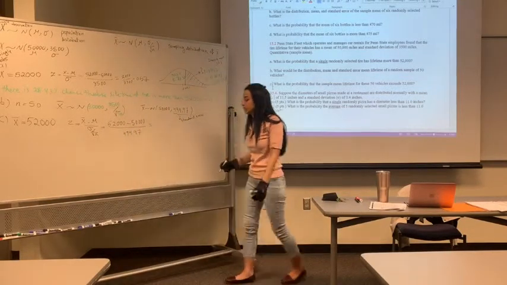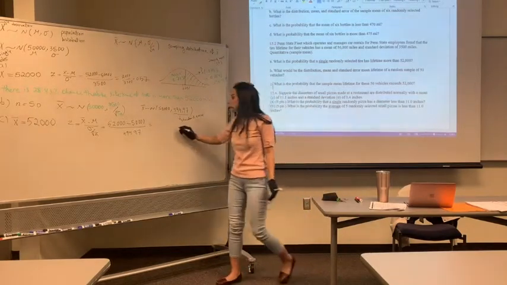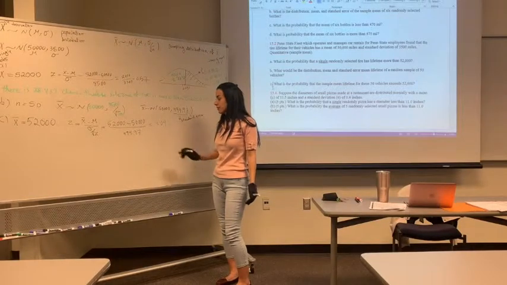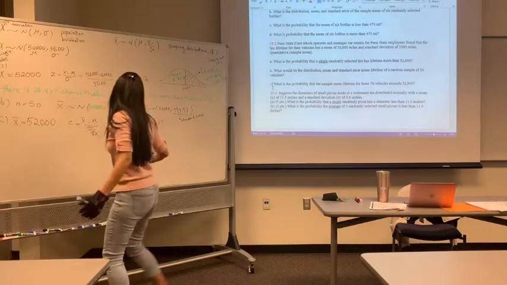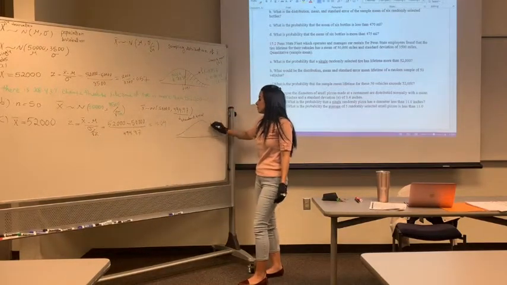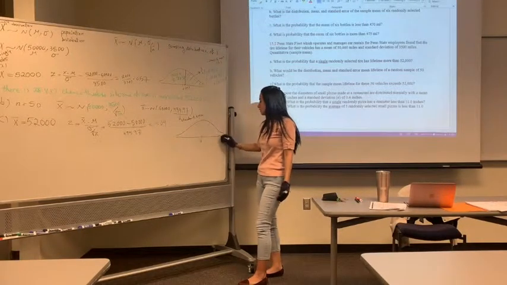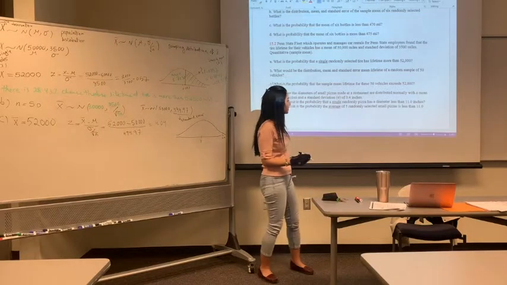Okay, so give me the final number for the z value. 4.04. 4.04 positive, right? Yes. So now let's see how I can draw a graph. 0 is here. Let's say 4.04 is here.